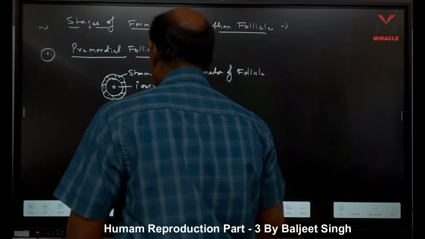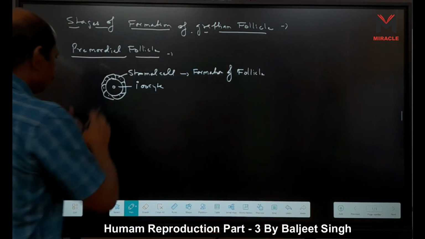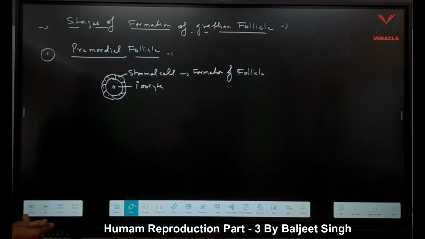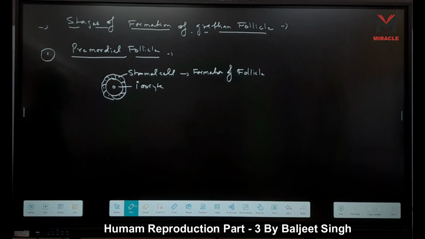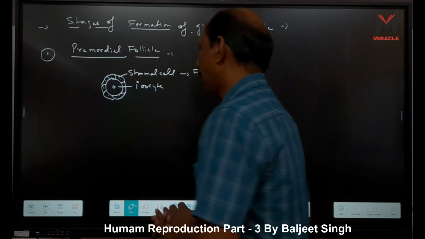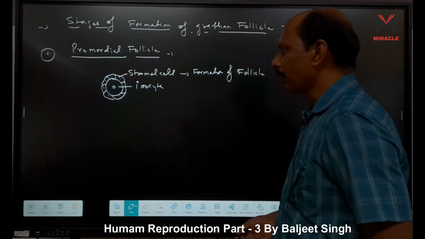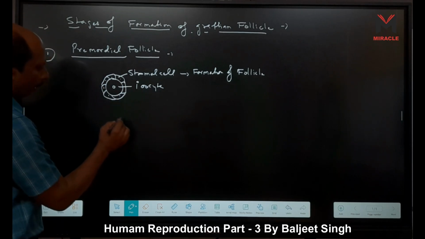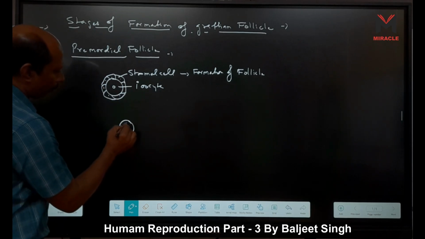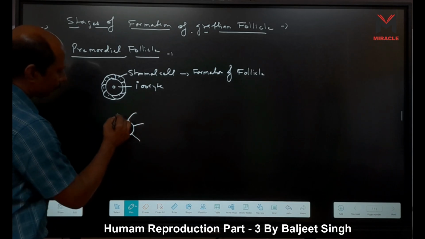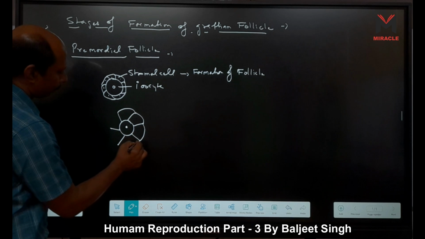These cells are also called primordial cells, and this stage is called the primordial follicle or pre-follicular stage, right? What happens then, after some time? These flat cells become columnar cells.